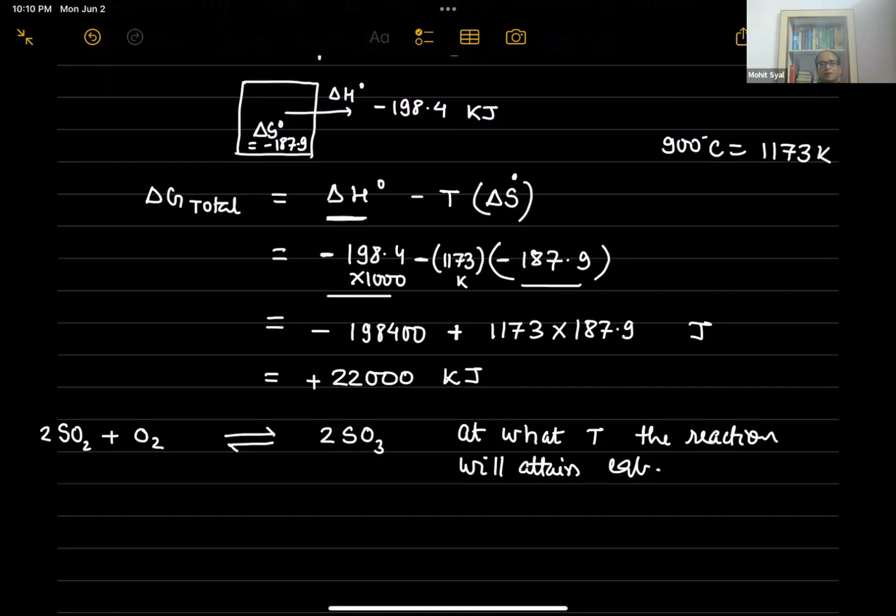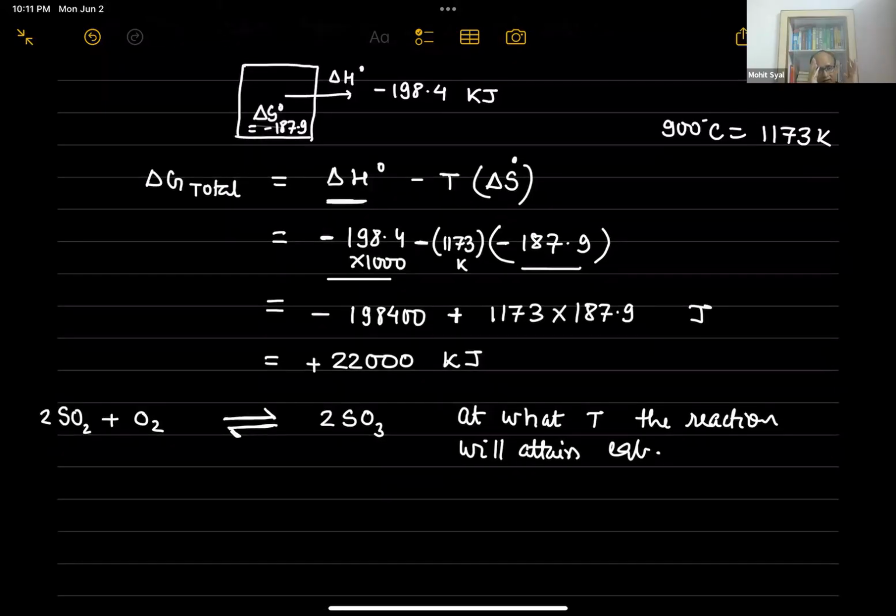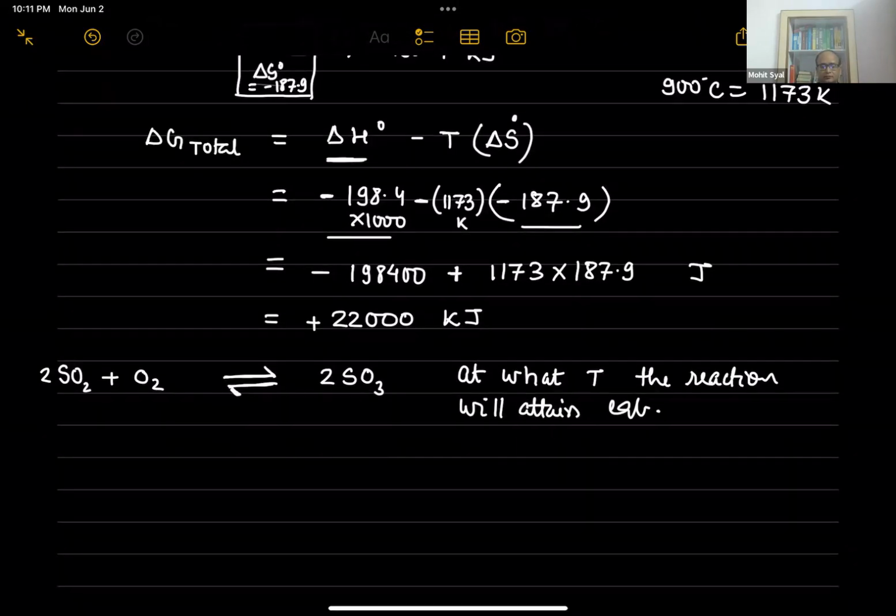It will attain equilibrium. This is the sign of equilibrium. Okay, half arrow in the forward, half arrow in the backward, means it is happening in both the directions with the same speed, means it is not moving in any direction. That is the condition for equilibrium.